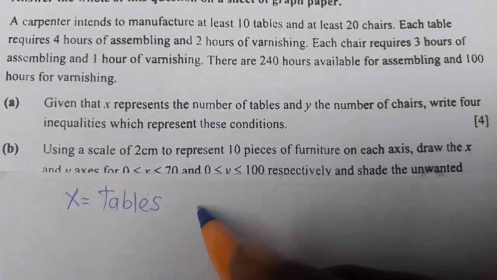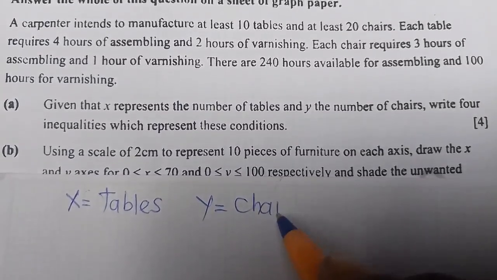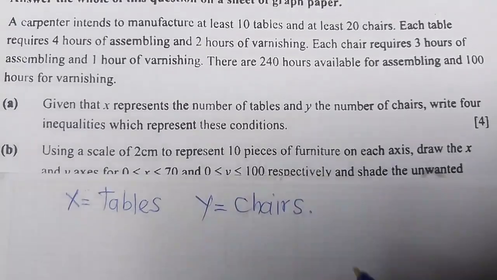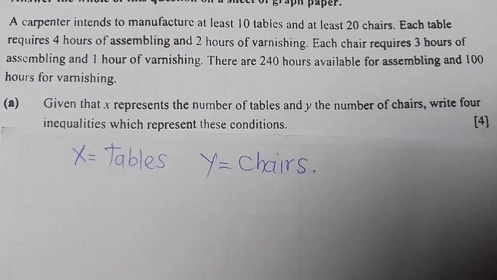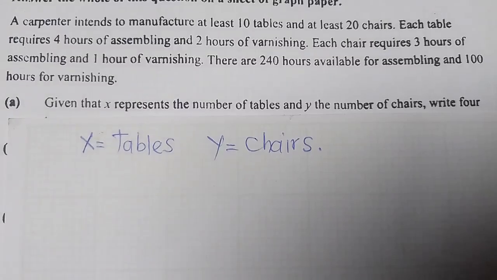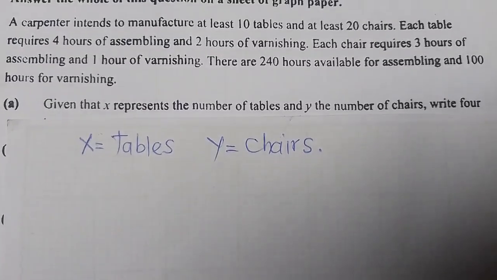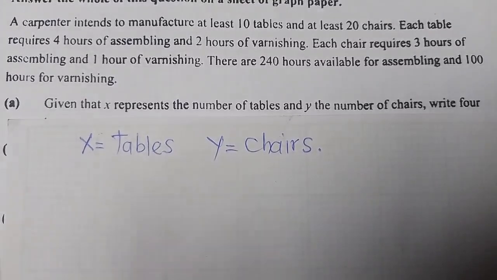Then Y is representing what? Chairs. This is what you are going to do for you to answer this question. So you need to put this simple data so that it can help you derive the 4 inequalities which they want you to answer.